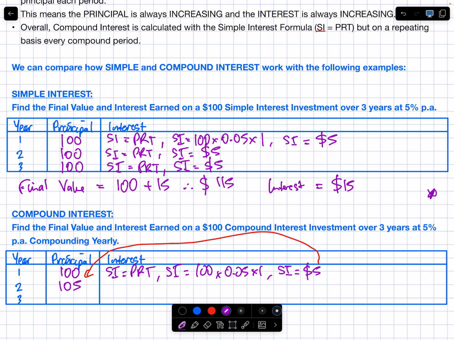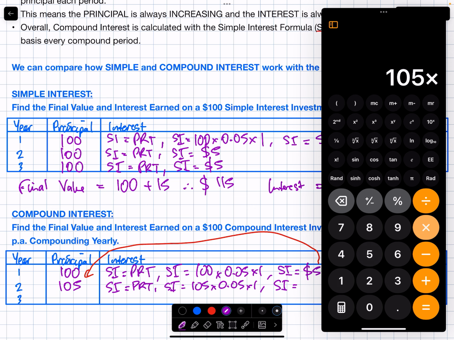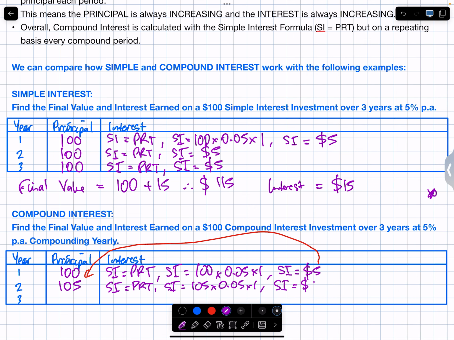It keeps building. That's why it's called compounding interest. So SI is going to be PRT. SI equals 105 times by 0.05 times by the 1 year. SI will be 105 times by 0.05, $5.25 of interest in the second year.